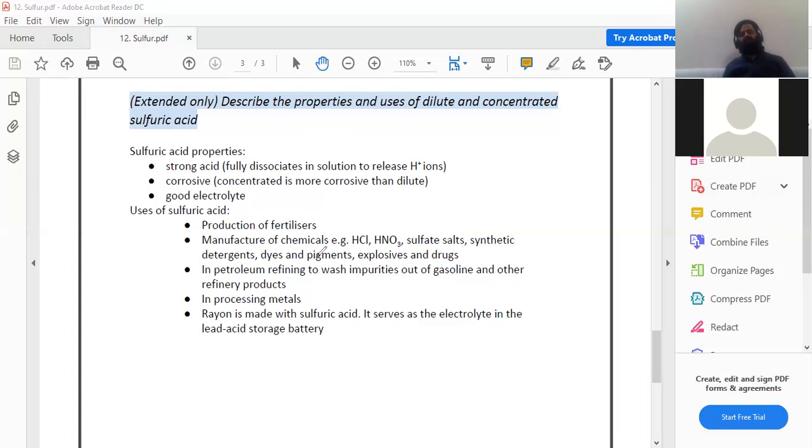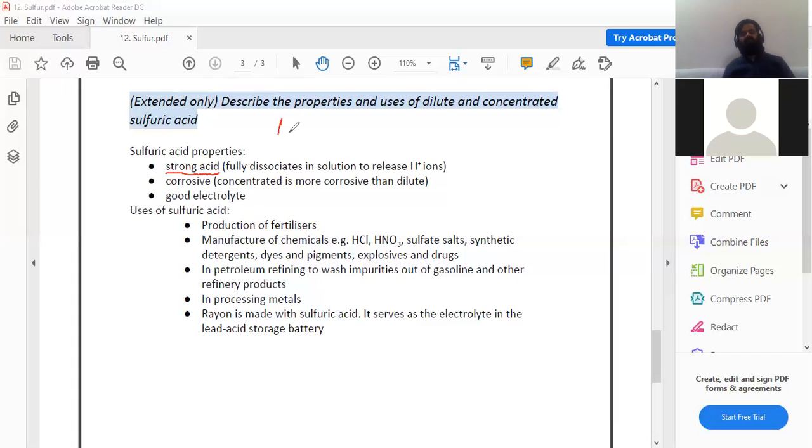So actually, if you want to check the economy of any country, simply check how much this acid is being produced and utilized, because it is so useful in many industries, in pickling, like to remove the rust from metal surfaces. So if you check the properties of sulfuric acid, as it is a strong acid, when you add it in water, it will fully ionize.